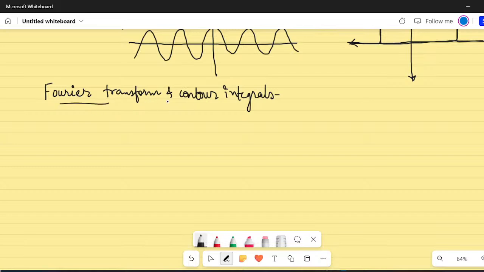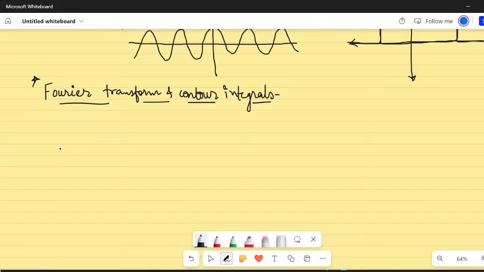This is something that I've already done, but still I'm revising it so that if somebody has not understood it, he gets to understand this.